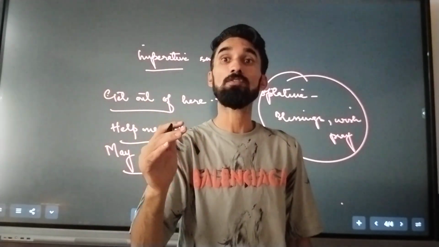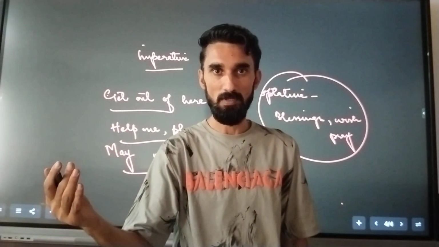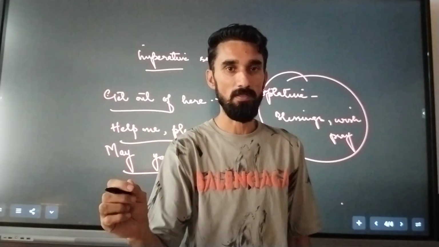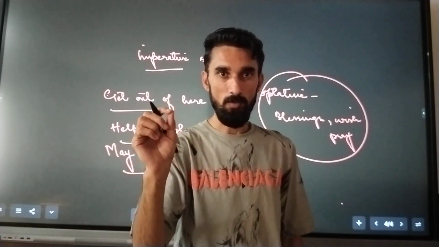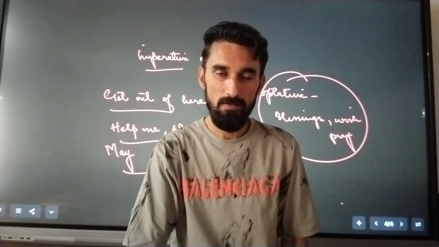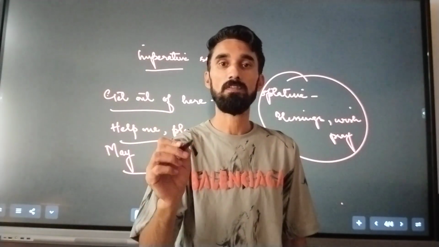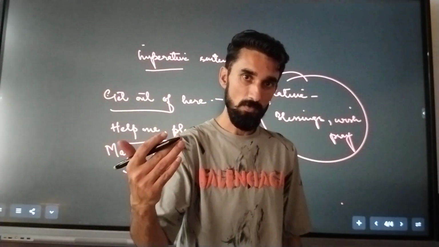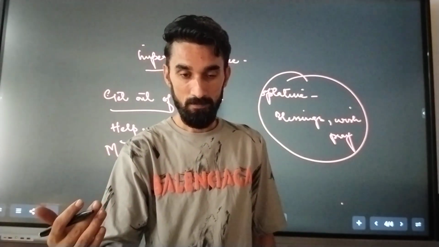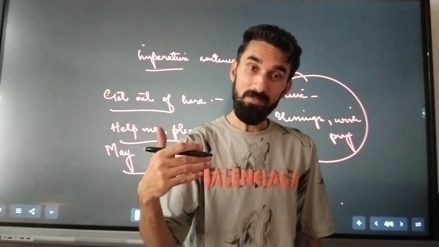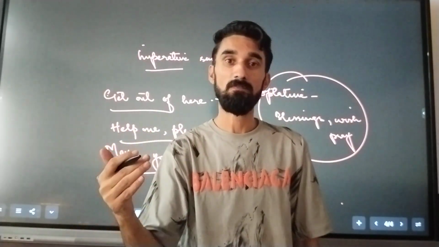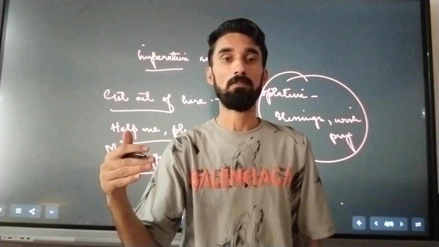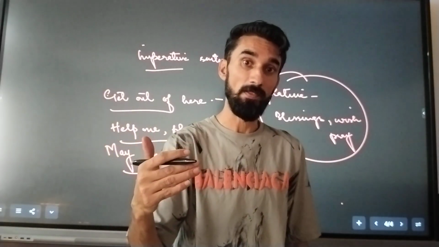And interrogative means to ask or to inquire about something whenever there is a question. So it is an interrogative sentence. And what do you put at the end of an interrogative sentence? That is a sign of interrogation. Then comes your exclamatory sentence. There you have some strong feelings and emotions, feelings of excitement, nervousness, or the feeling of happiness or joy.